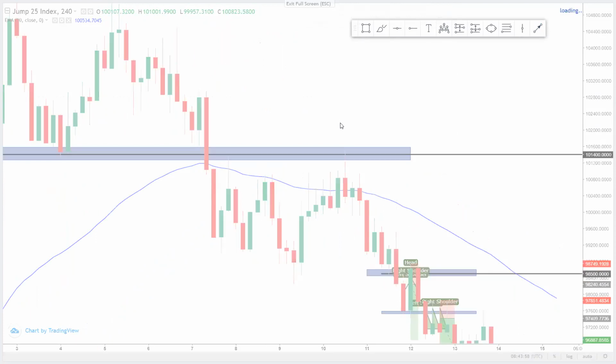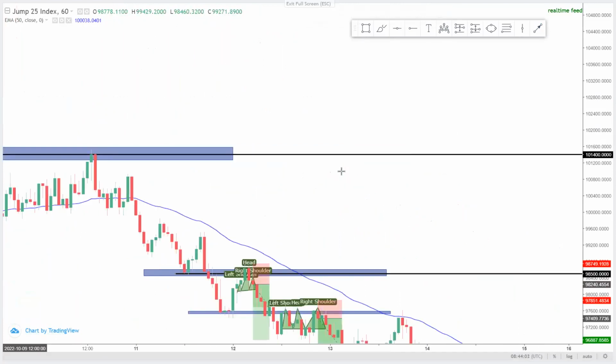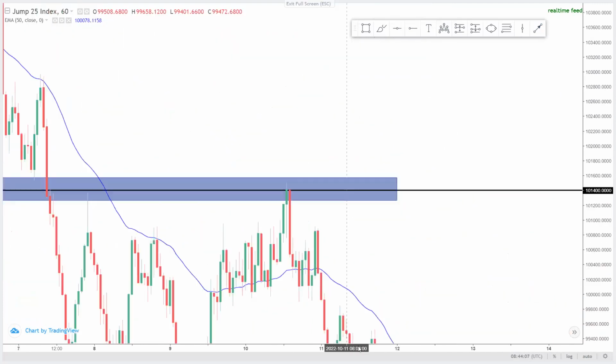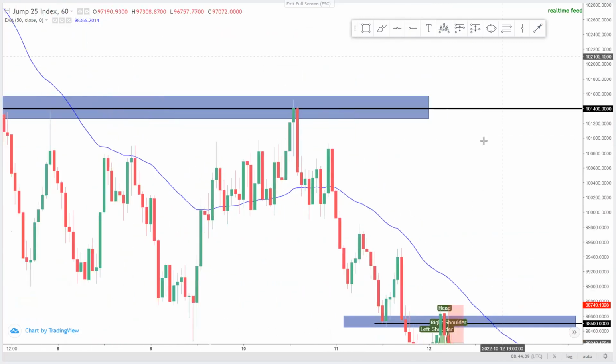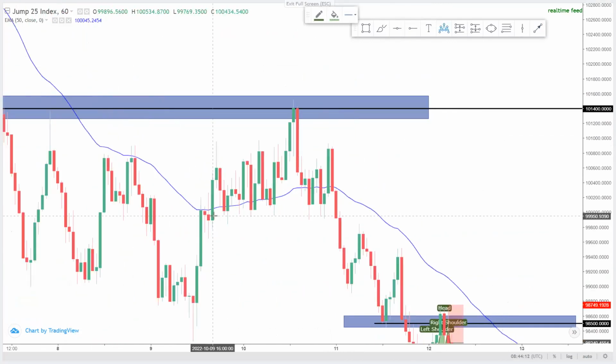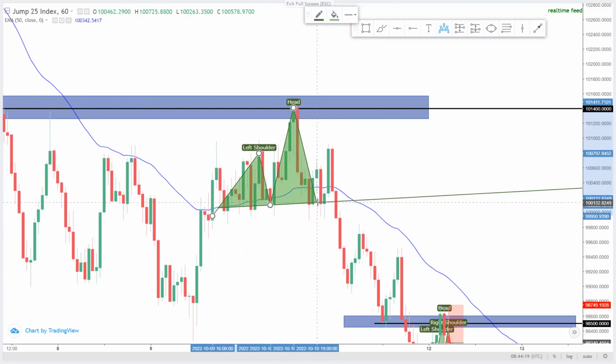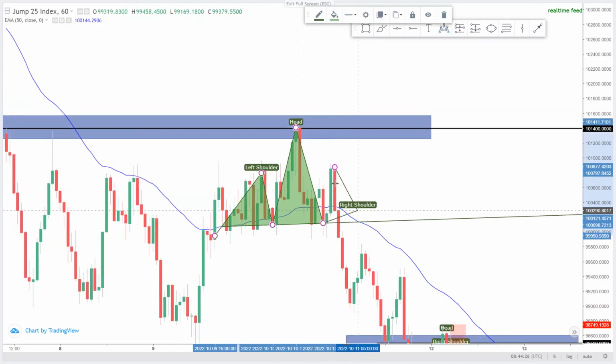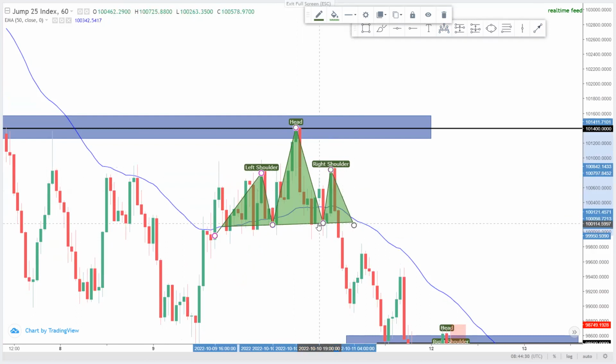Move to the 1 hour time frame. You can clearly see how we have ourselves the left shoulder, and then the head, and also the potential right shoulder. And we have ourselves here a perfect head and shoulder pattern.